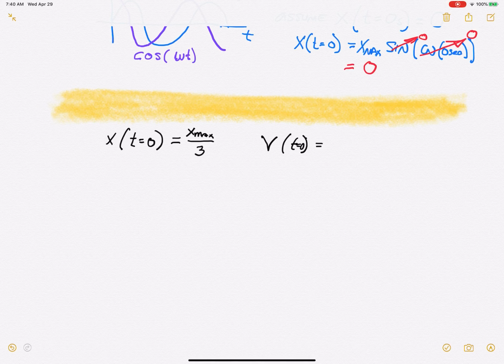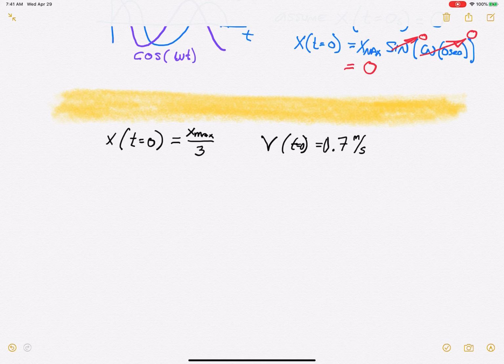Let's assume that it's 0.7 meters per second. So this is where we can figure out what phi is equal to.